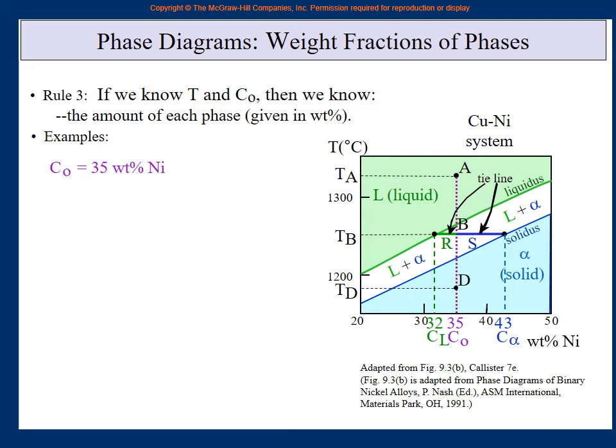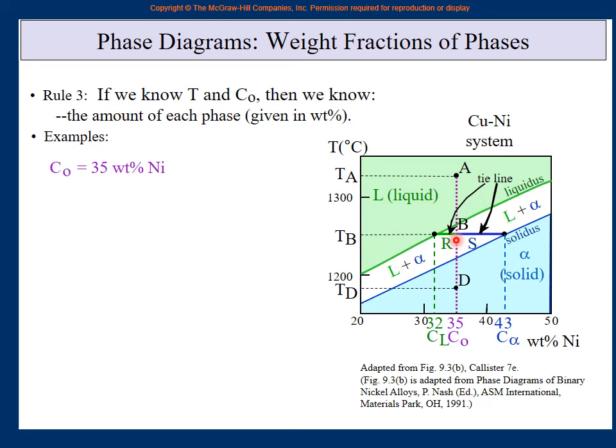Now remember, right, that our question always is that we have given you an initial starting composition which is 35% nickel. We can give you any temperature, this one or this one or this one. Right now we are giving the temperature of 1250 and so on. So there were three questions. The first question was, at this point, how many phases are there and what are they?